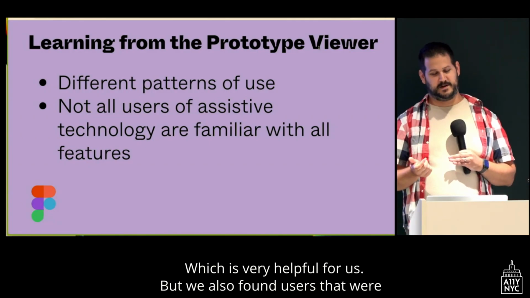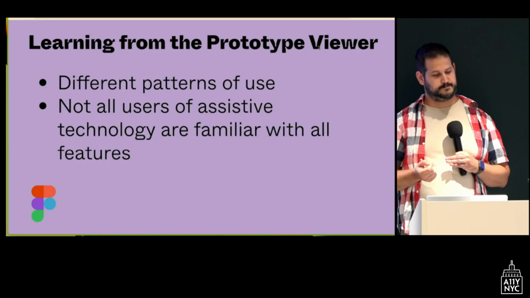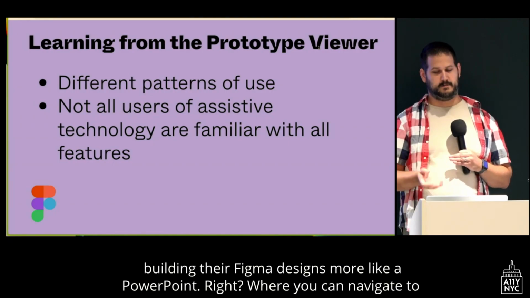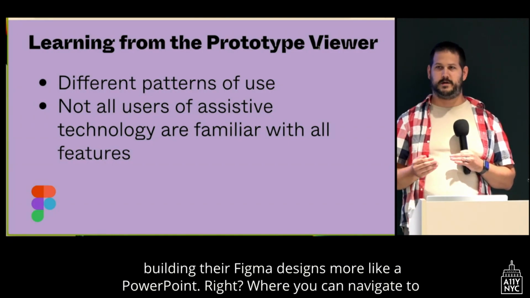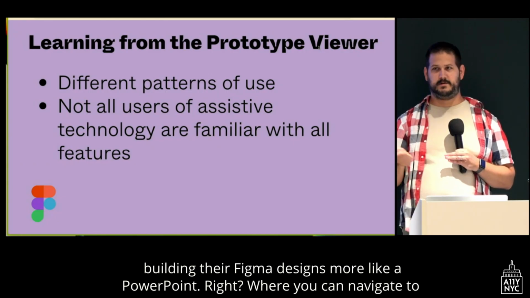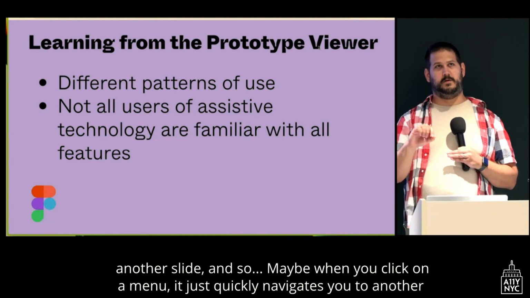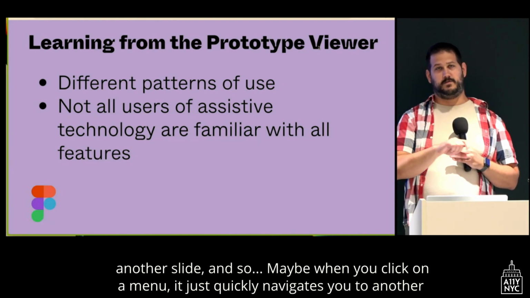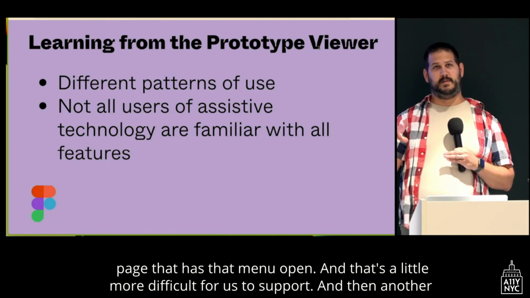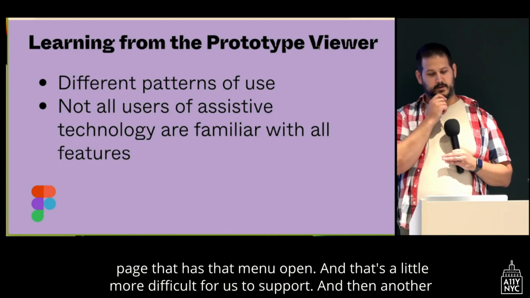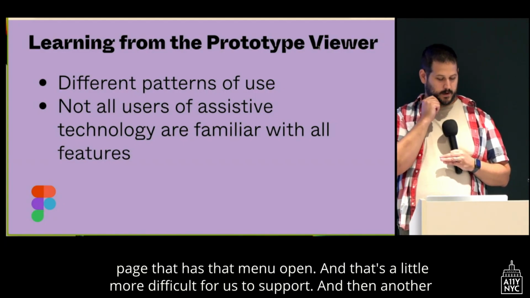But we also found users that were building their Figma designs more like a PowerPoint, where you can navigate to another slide. And so maybe when you click on a menu, it just quickly navigates you to another page that has that menu open. And that's a little more difficult for us to support.